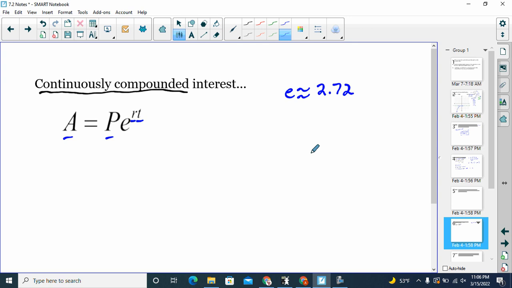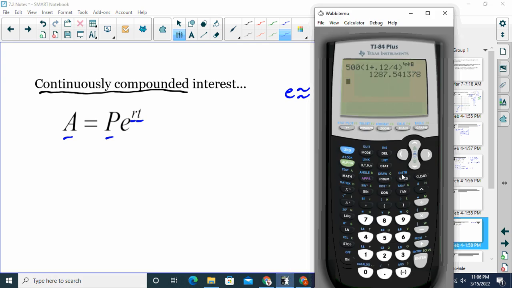Time is measured in years. You do have an E button on your calculator. It's actually in a couple different places. Right here above our divided by is just E. So second divided by, we'll pull up E. Notice it's about 2.72.